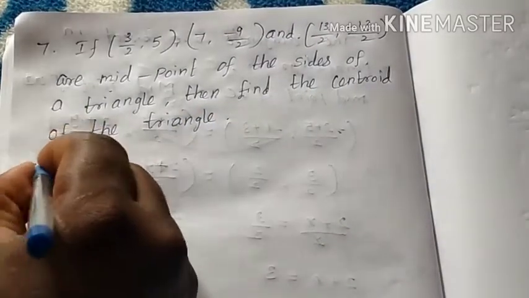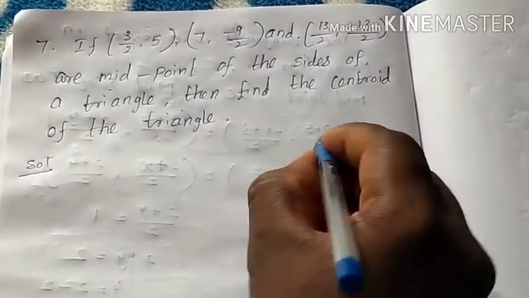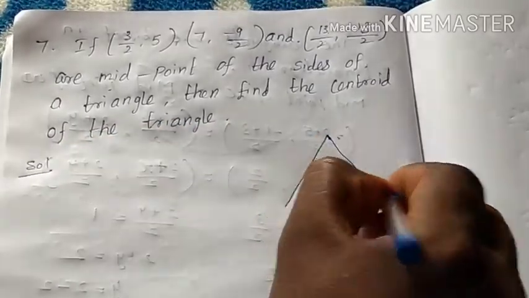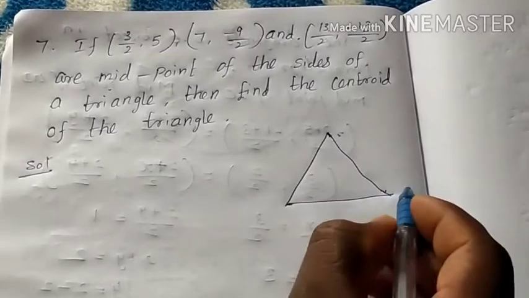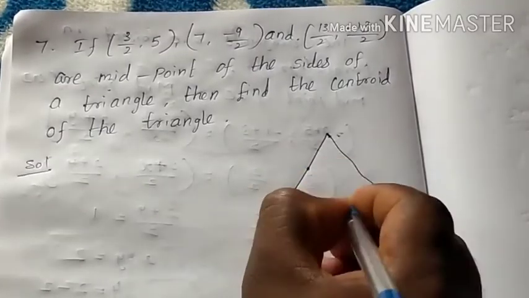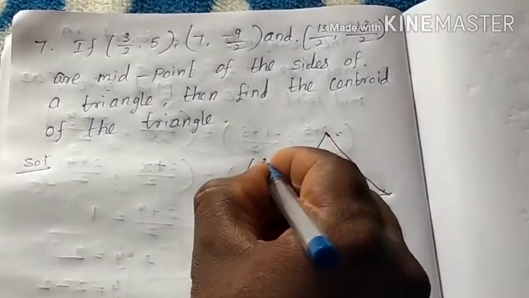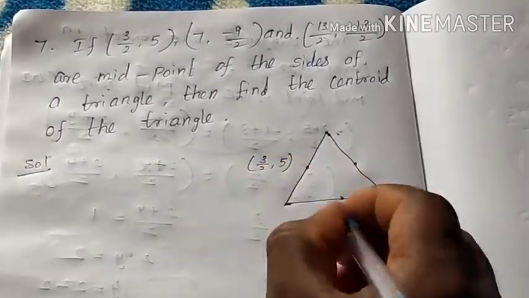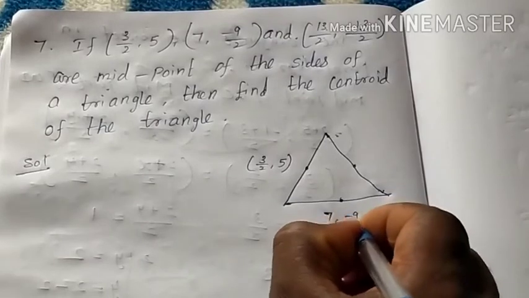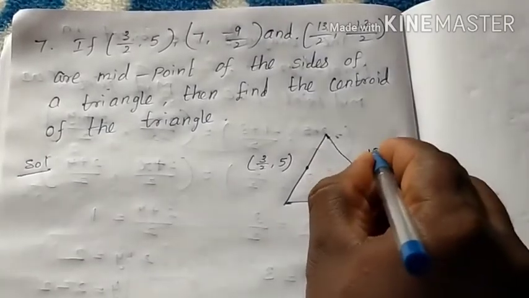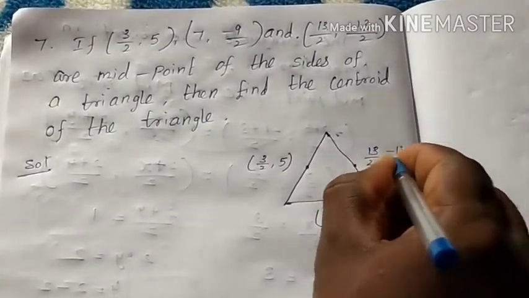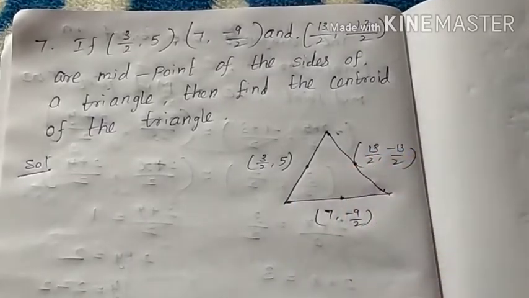The solution: first draw the diagram. This is the triangle. The midpoints of the sides are given: (3/2, 5), (7, -9/2) and (13/2, -13/2).